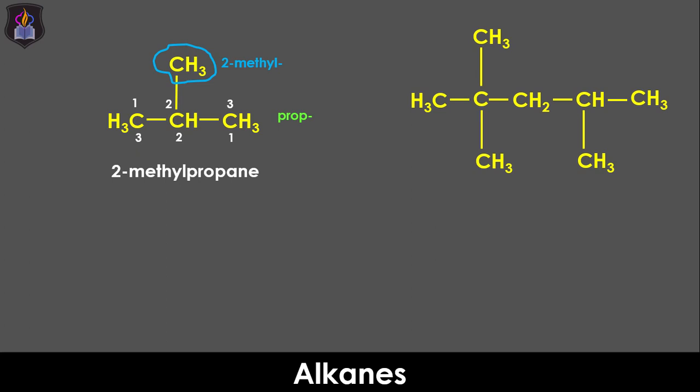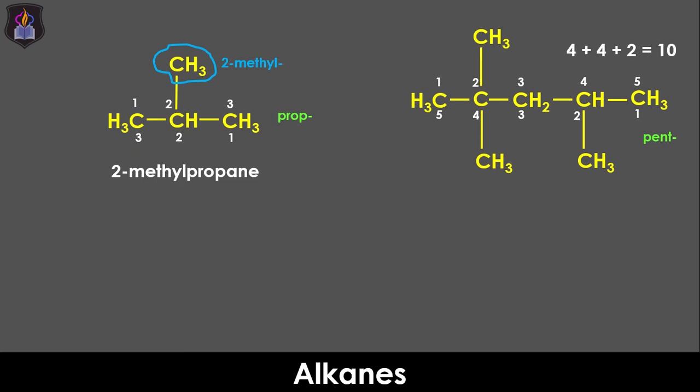In the next compound, the longest carbon chain contains 5 carbon atoms. Its root is therefore pent. We number it from left to right because it is the direction that gives the lower possible sum of the positions of the carbons to which the substituents are attached, which is 2 plus 2 plus 4 equals 8, as against 2 plus 4 plus 4 equals 10.